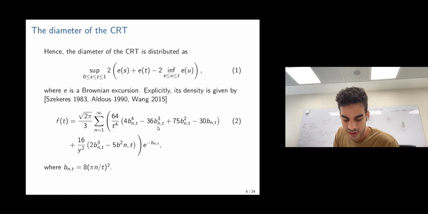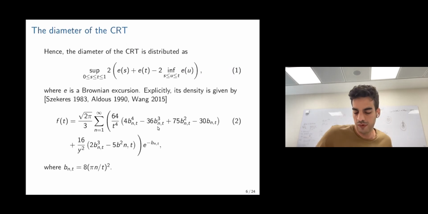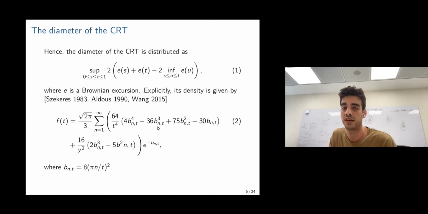But the real reason I'm showing this random variable and this weird sum is because what happened is the other way around. What really happened is that Szekeres in 1983 investigated the UST of K_n, the n-vertex complete graph, and he wanted to know if there is a limiting distribution to the scaled diameter. He found that if you scale the diameter by square root n, you have a limiting distribution with a density given by this f(t).